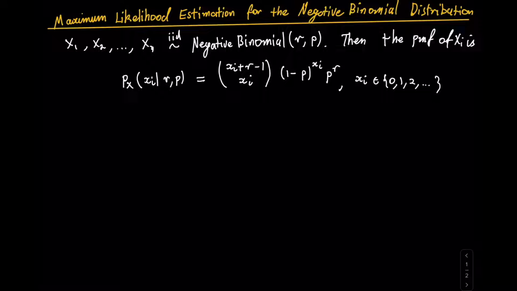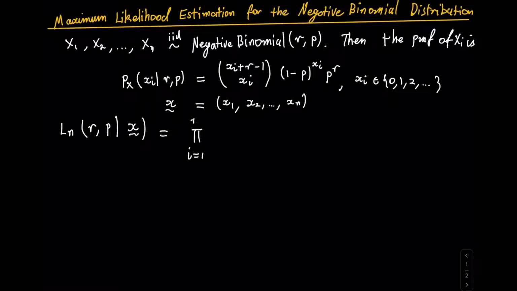So the likelihood function, which is L_n of the parameters R and P given a set of data x bar. Notice here x vector is the vector of data points x1, x2, all the way to xn. That likelihood function is given by the product of all the PMFs.